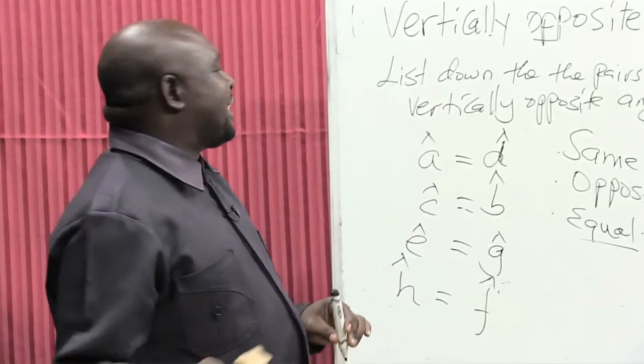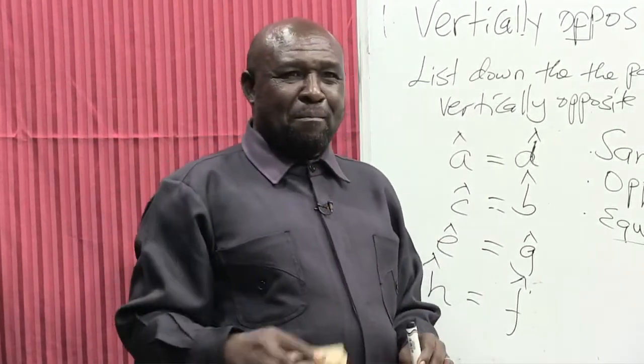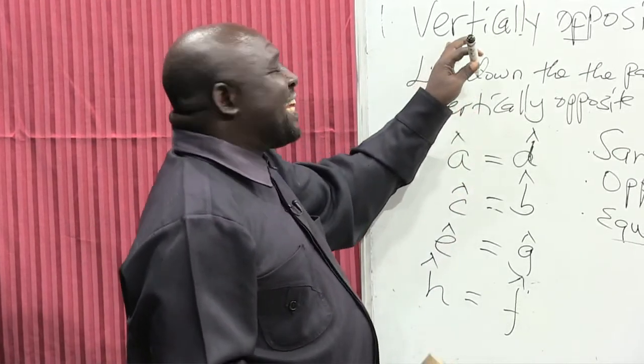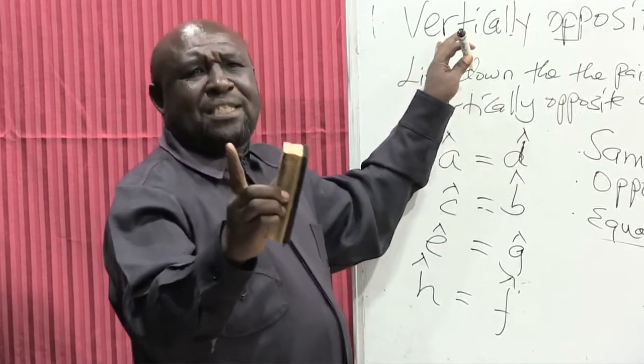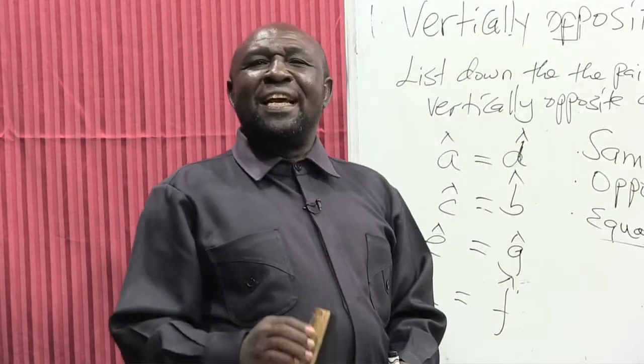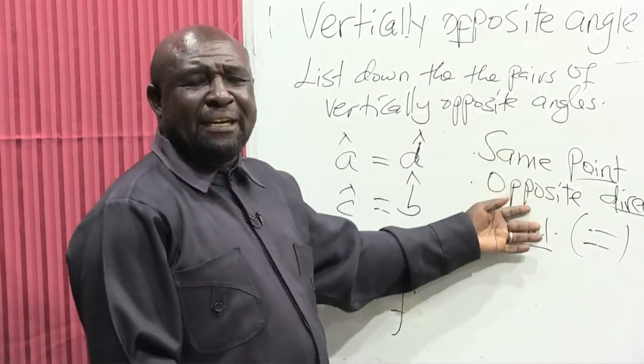Vertically opposite angles. Remember, I told you, we have 20 basic geometric principles. Now, we are getting the knowledge of the first basic principle. Vertically opposite angles. Now, you have seen how very, very easy it is.